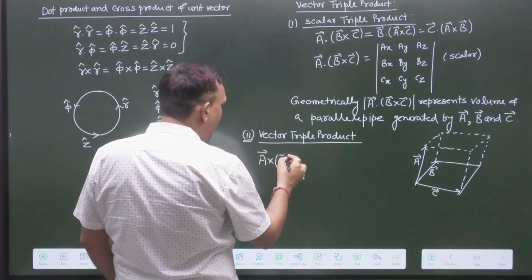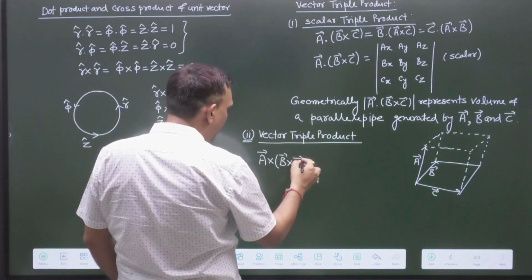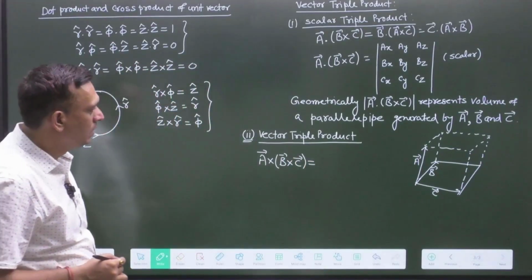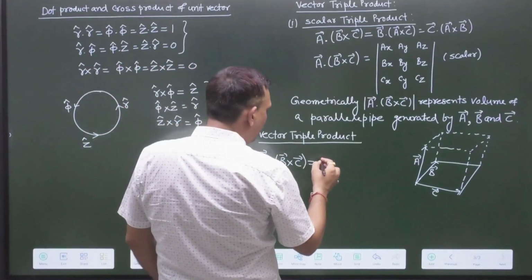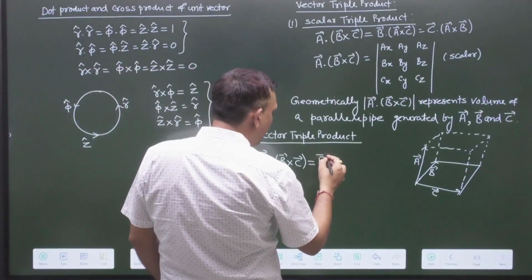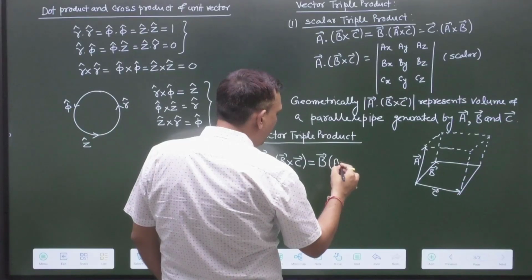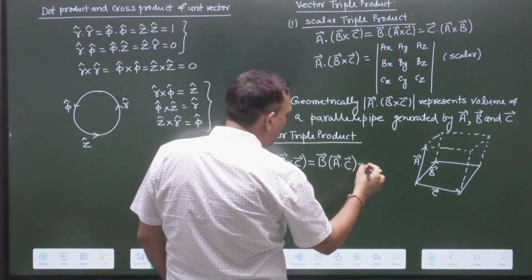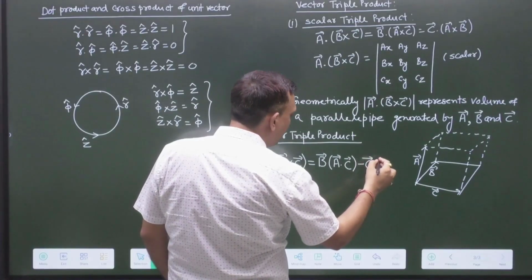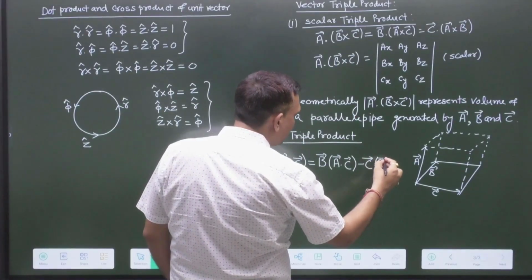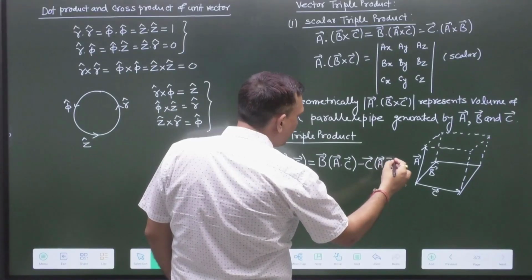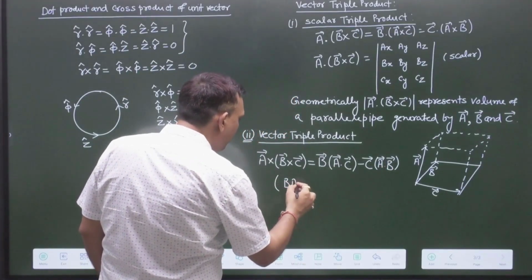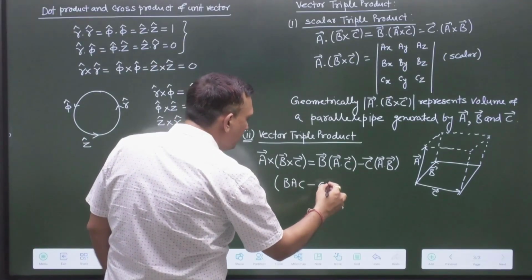So this is A cross B cross C and that will be a vector quantity, and this will be given by B times A dot C minus C times A dot B. You can remember this as the BAC-CAB rule.